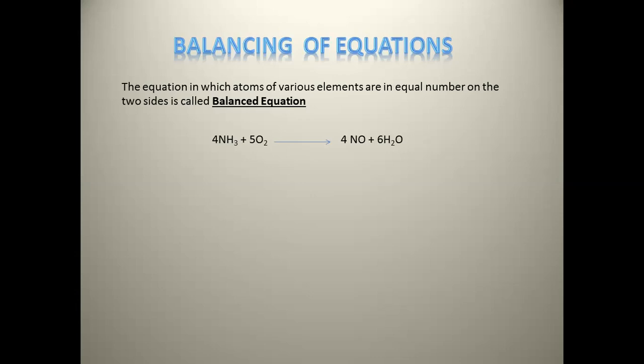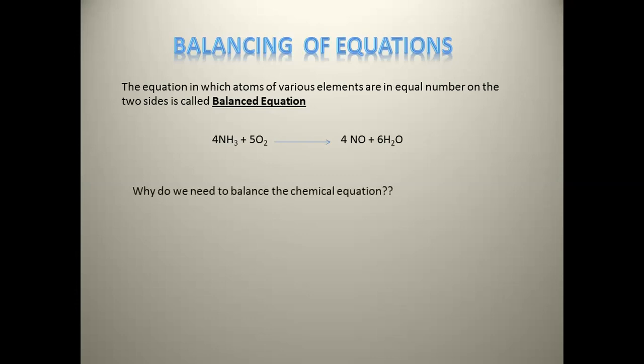Again, on the product side we also have 10 atoms of oxygen. How do we have 10? 6 are written with H2O and 4 are written with NO. If we add them, we have a total of 10 atoms of oxygen. I think it must be clear.